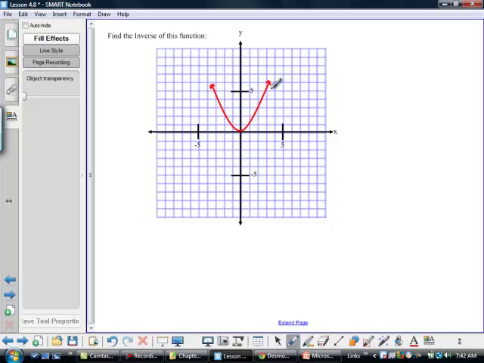That point right there looks to be the point 3, 5. And this point right here looks to be the point -3, 5. And then I got some other points right here.